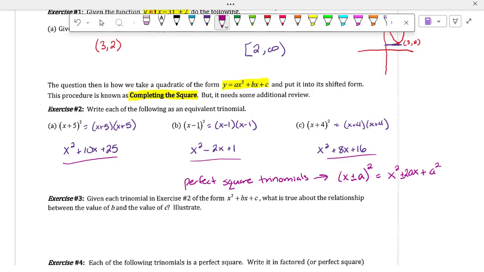So 2 times -1 is -2 times our x. So that'll be -2x. And then you just square the last number. So -1 squared is +1. Same thing over here. x squared is x squared. 4 times x is 4x times 2 is 8x. And then 4 squared is 16.